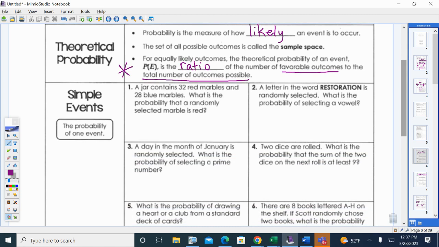Number 1 says a jar containing 32 red marbles and 28 blue marbles. What is the probability that a randomly selected marble is red? So favorable means picking a red marble. Out of my jar, there are 32 red, so that will be my numerator. And then the denominator is the total, so you're going to add your 32 plus your 28 to get 60.